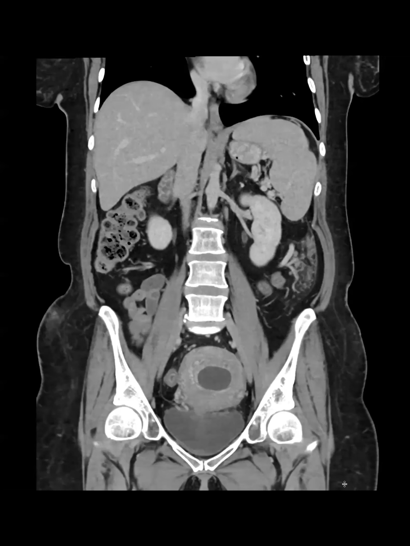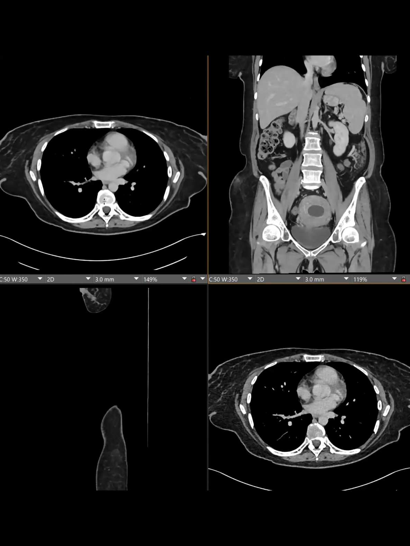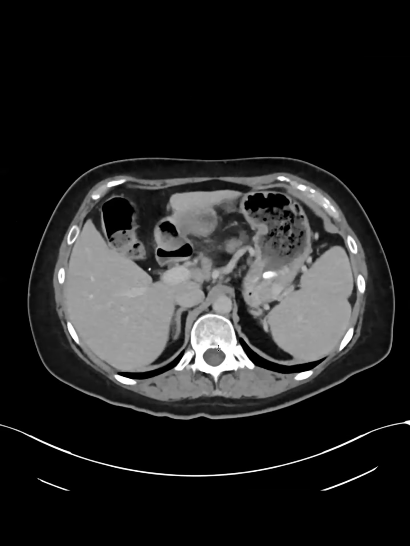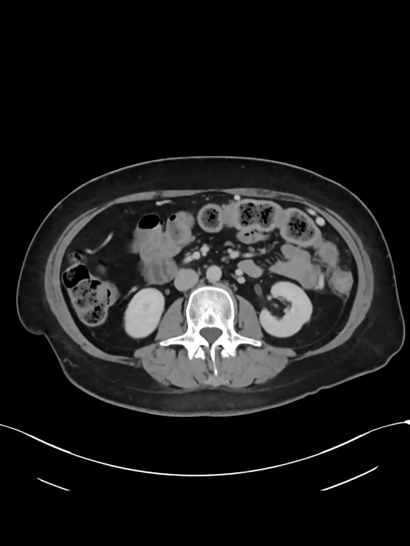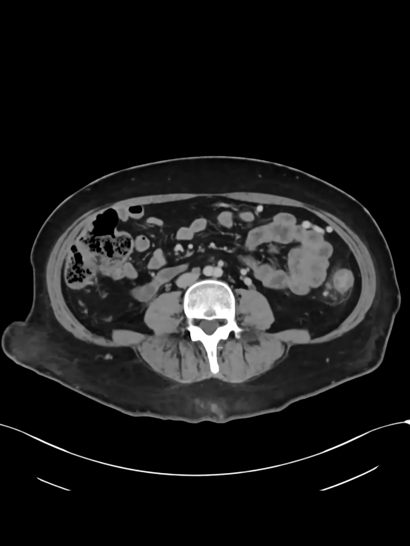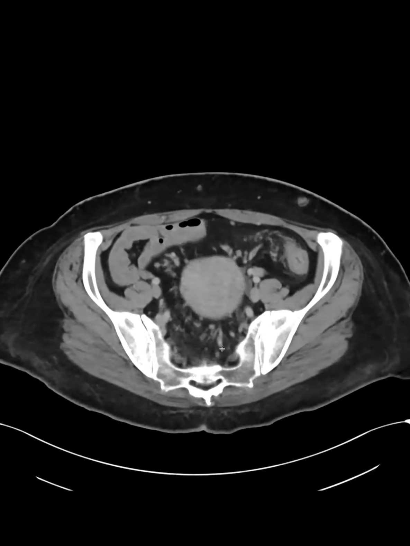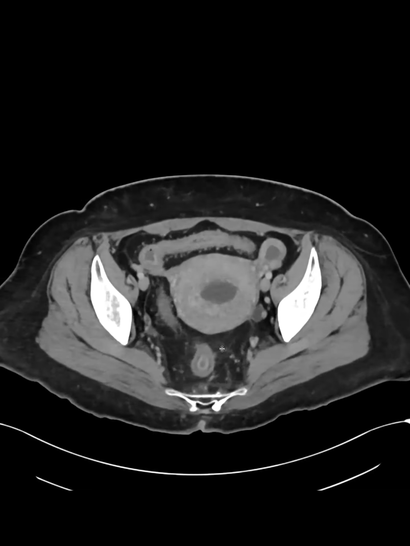Okay, I have a case of a patient with history of ulcerative colitis who came in with abdominal pain. No prior studies here.